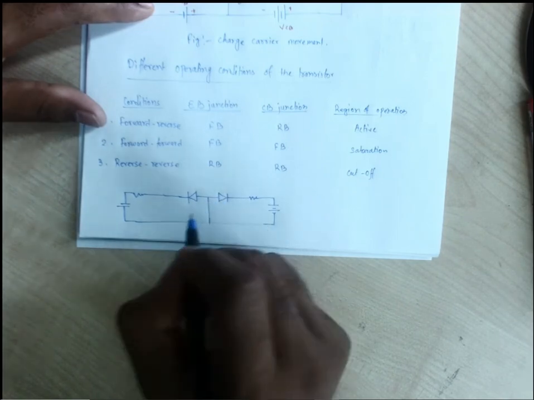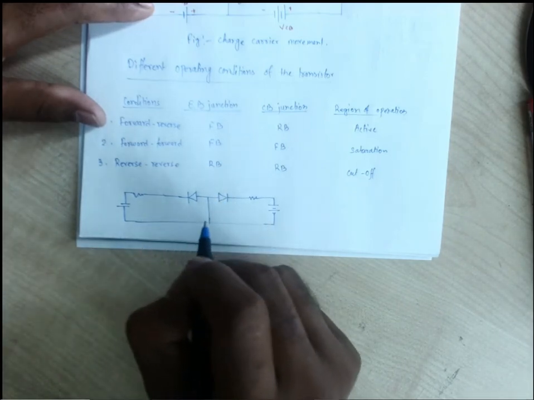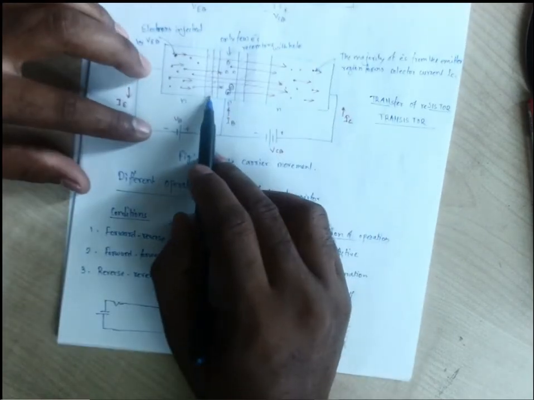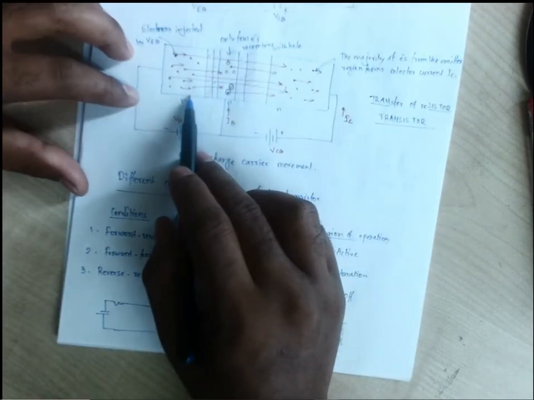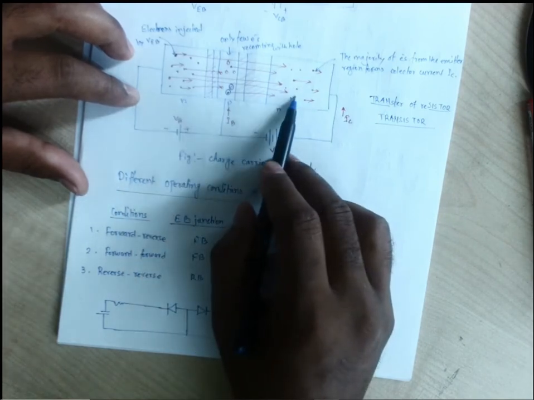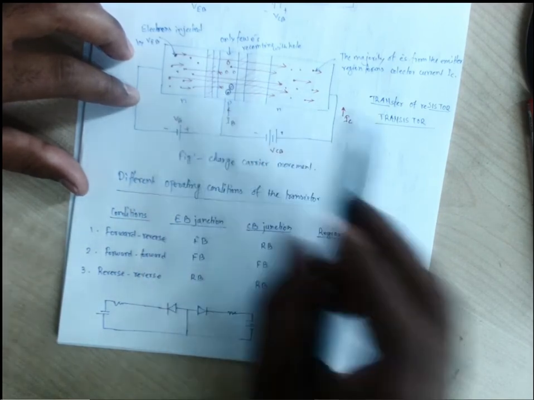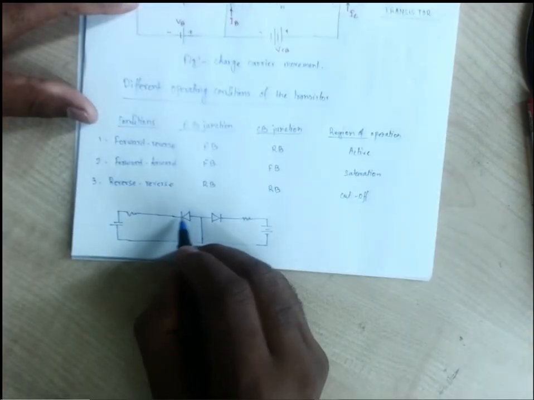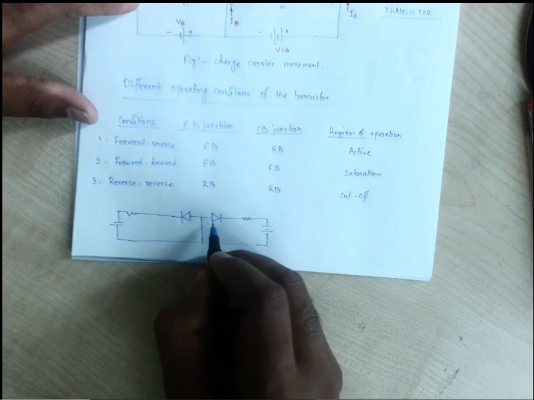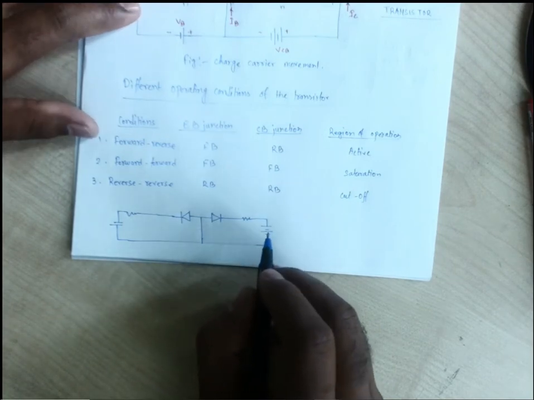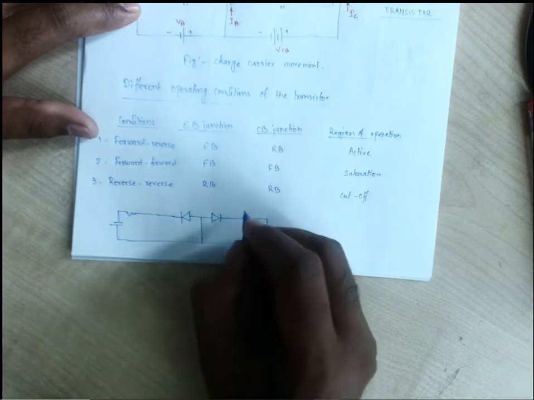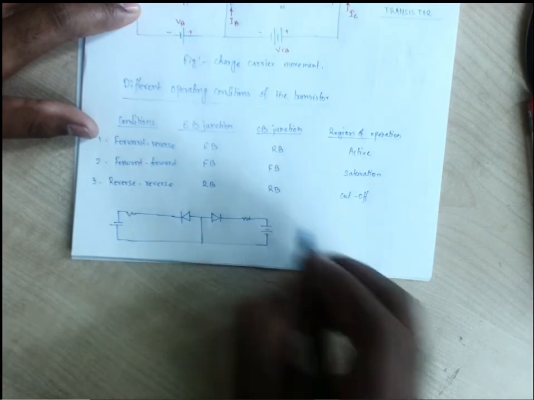So both of the PN diodes have equal doping. But what we have taken here is that the emitter is heavily doped, then comes the collector, then the base. But in this case, both diodes have equally doped regions, so the overall circuit has four equally doped regions.